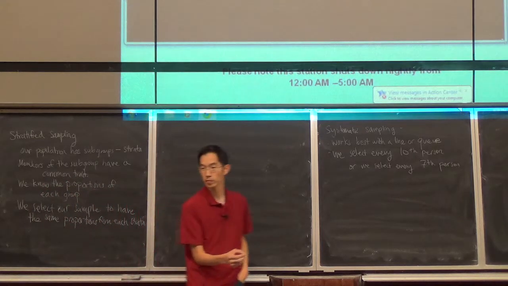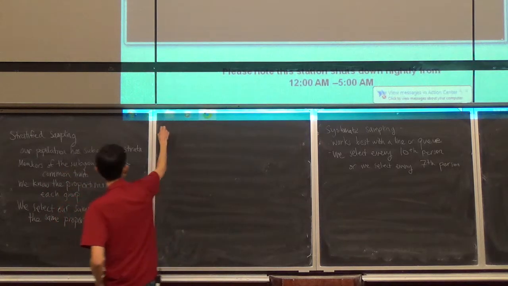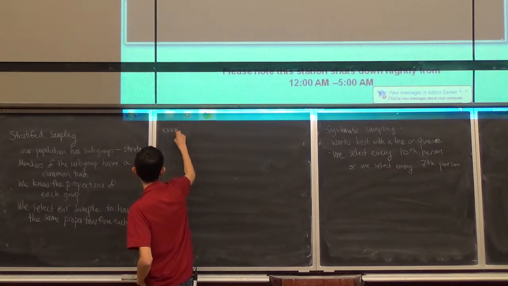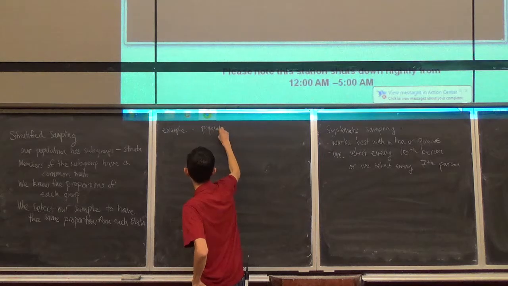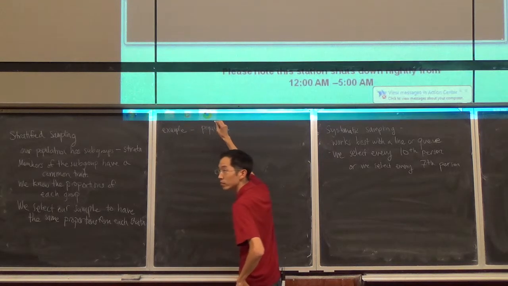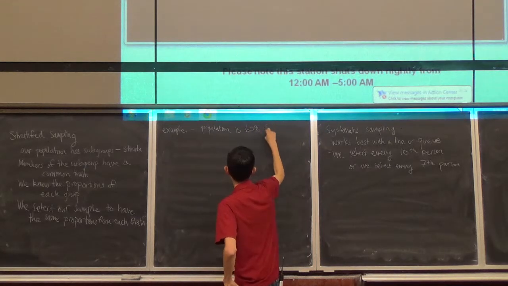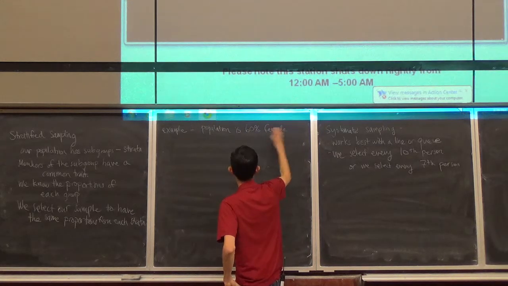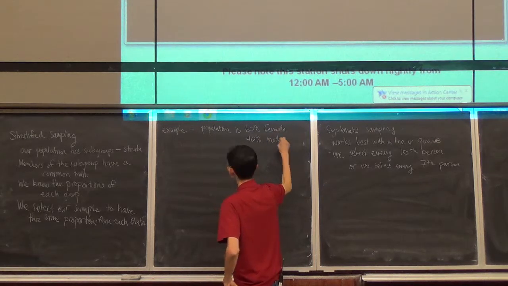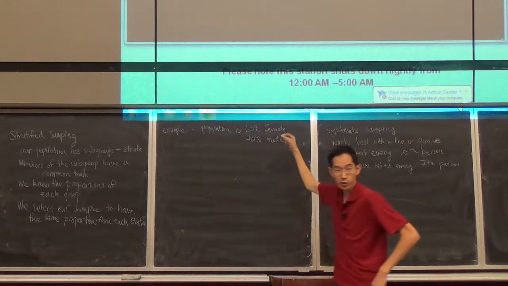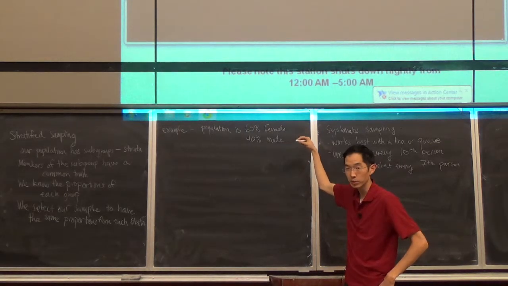Can you write that example? Sure. So example, population is 60% female, 40% male. Okay? The groups female and male are the different strata in our population.